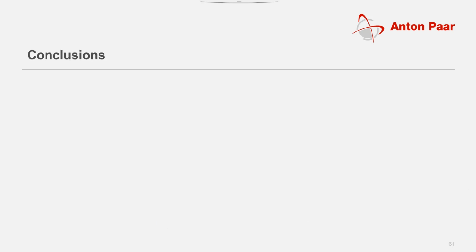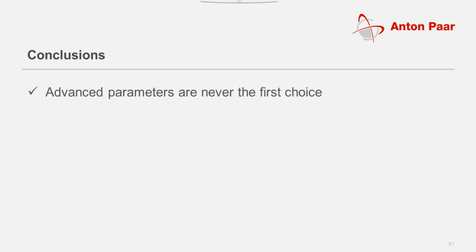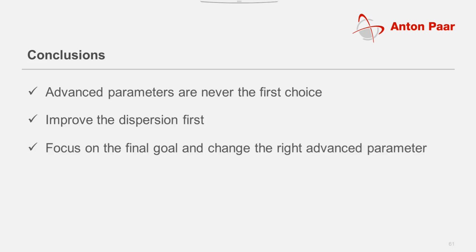Coming to the conclusion, I would like to underline the most important consideration when approaching data processing with the advanced parameters. Advanced parameters are never the first choice. Before using them, make sure that you tried everything to improve the dispersion. Focus on the final goal and change the right advanced parameter.